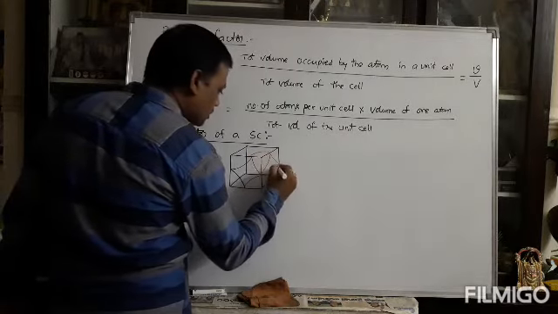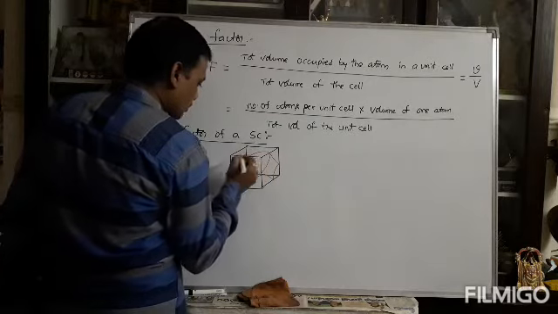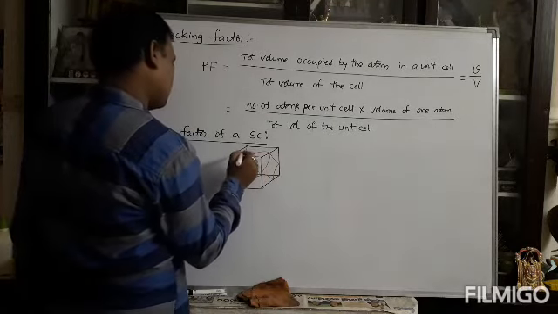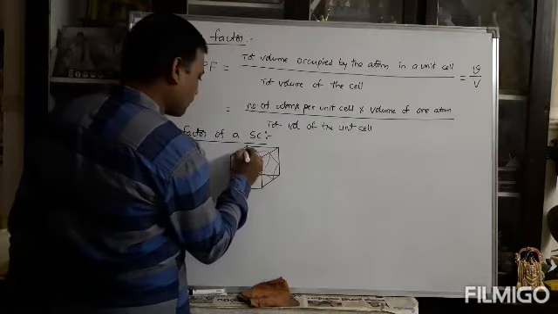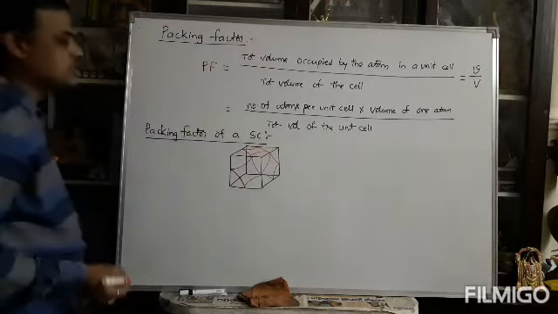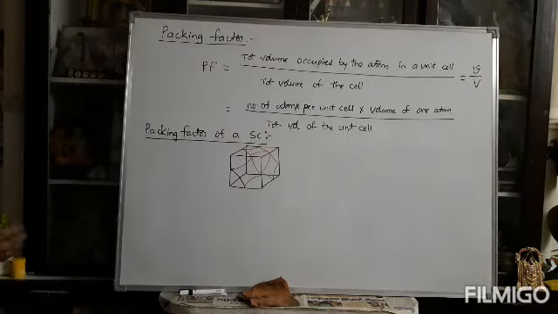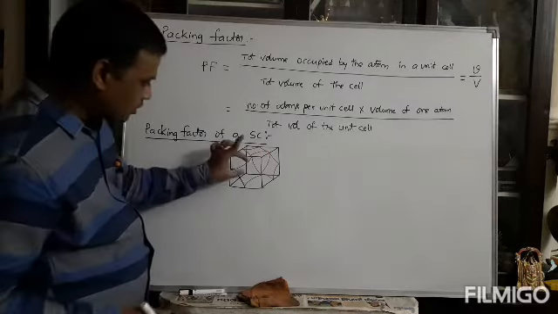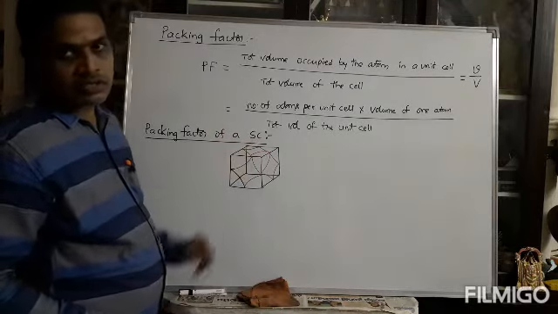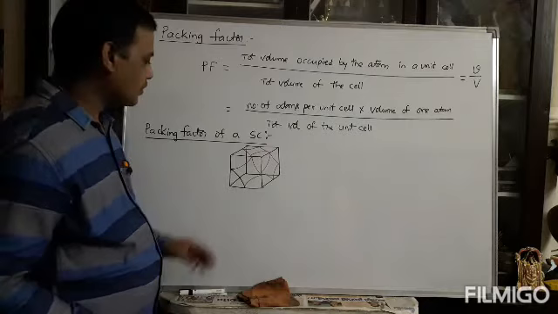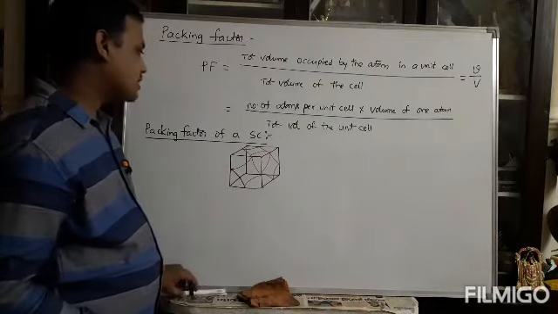Already we have drawn this structure. This is the simple cubic structure. In this simple cubic structure, the empty space in the middle is called vacant space.